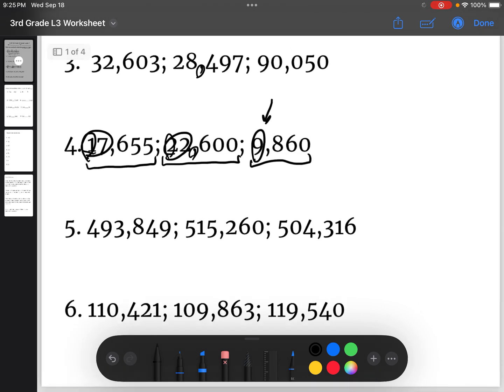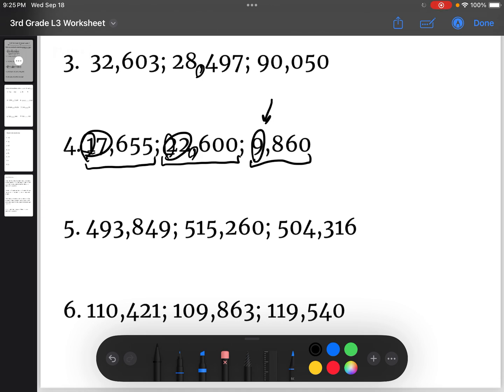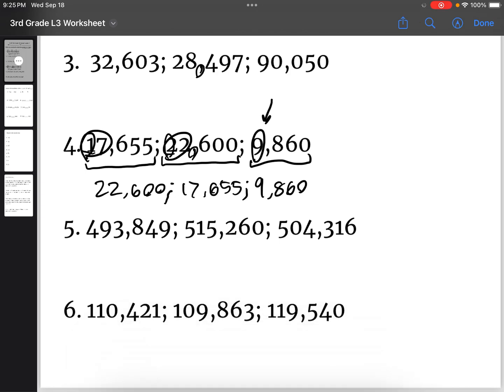In this situation, the greatest to least order will be 22,600, 17,655, and then 9,860. So as you can see, you don't always look at the first number, because there could be greater numbers that have a smaller start number.